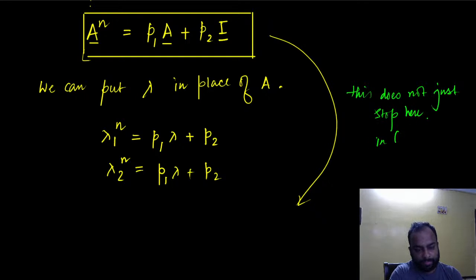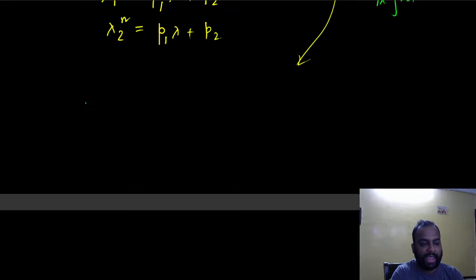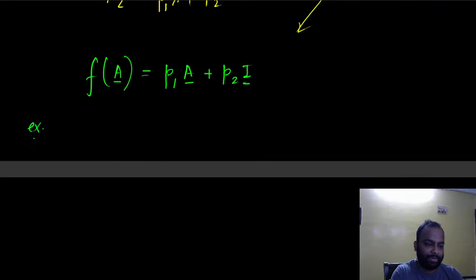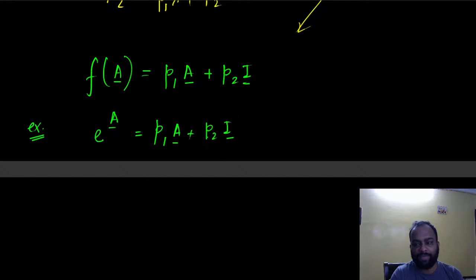In fact, any function of a can be represented as p1 times a plus p2 times I. Any function of a, and as such, of course, as an example, we can calculate e to the power a as p1 times a plus p2 times I. And of course, if I have e to the power a, then we have e to the power at, right? So that's the beautiful thing about it.